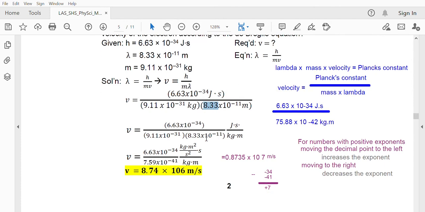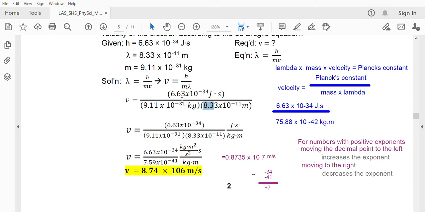Next, we copy the Planck's constant on the numerator, and then we will multiply the coefficients here. 9.11 times 8.33. The answer is 75.88. Now, times 10 to the negative 42.